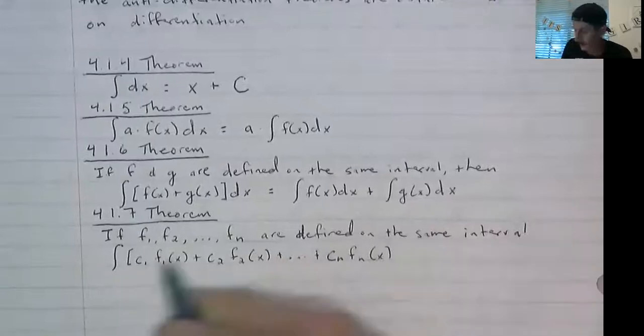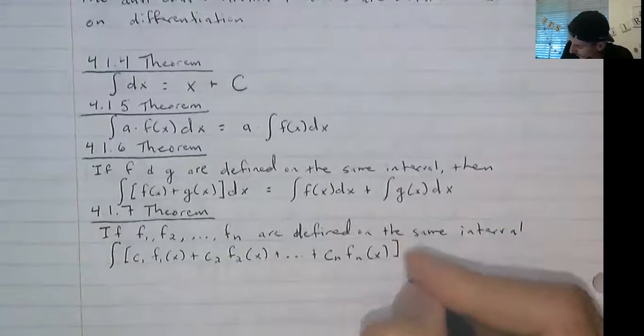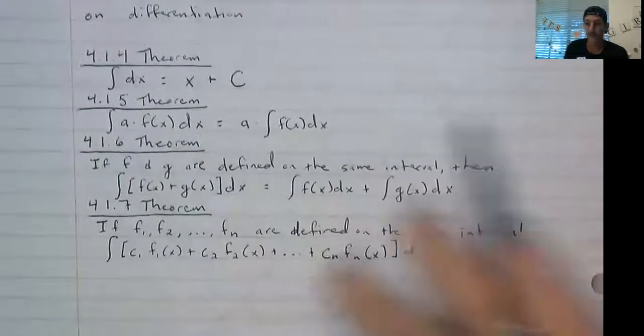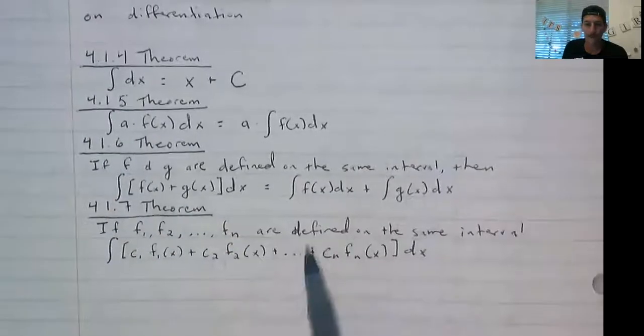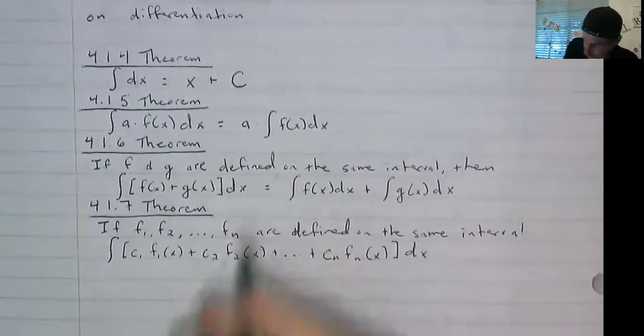The question is, what the heck is c? Those are just constants. But this antiderivative can be broken apart according to these theorems into separate antiderivatives, all being multiplied by the given constant that's attached to it.